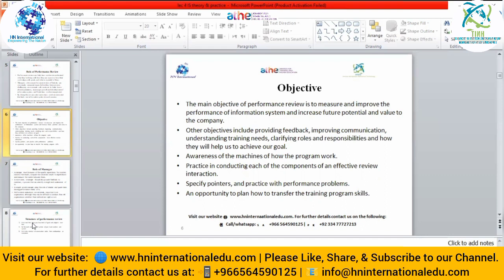So we will list down all the steps, all the amendments, all the improvements according to the criteria that we have set for the improvement of our performance in the future.